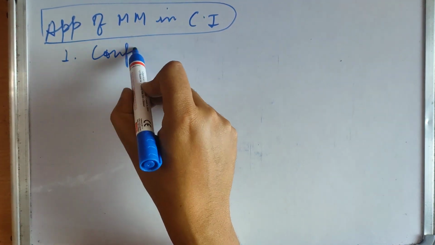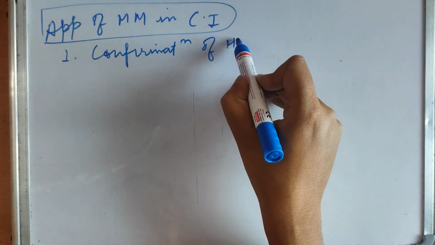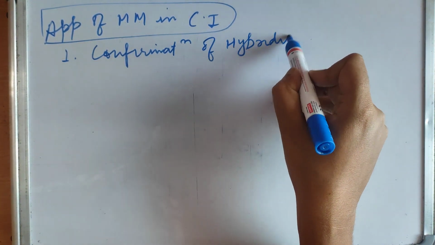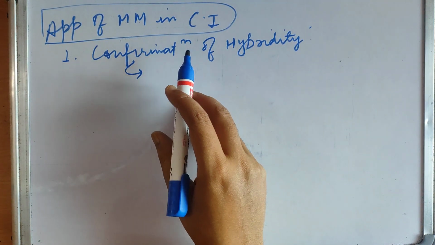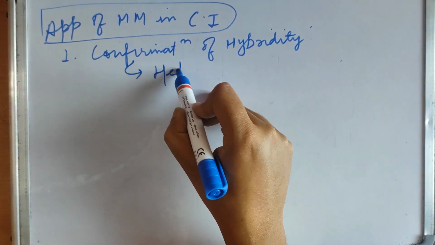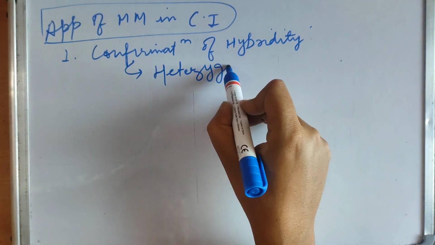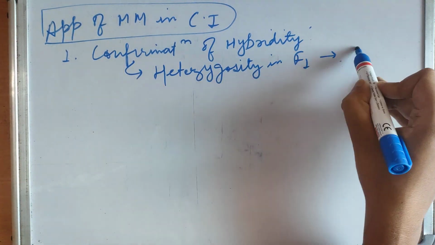Molecular markers can confirm hybridity by detecting zygosity; heterozygosity in F1 can be detected.